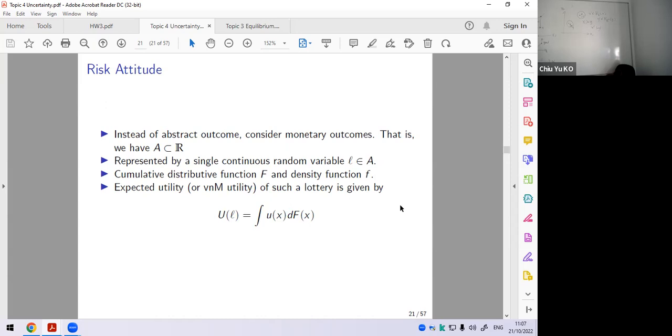But anyway, it also includes the discrete case, this kind of writing. Okay, so if you have the continuous case, or discrete is also true, you would have to write expected utility in this form, right? But this is the same as the summation of x p_x, okay, when discrete, right?